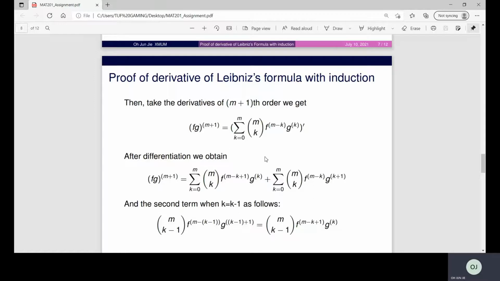We'll get the binomial m choose k minus 1 times the derivative of order m minus k plus 1 of f times the derivative of order k of g. Because we can directly factorize by the derivative of order m minus k plus 1 of f times the derivative of order k of g.